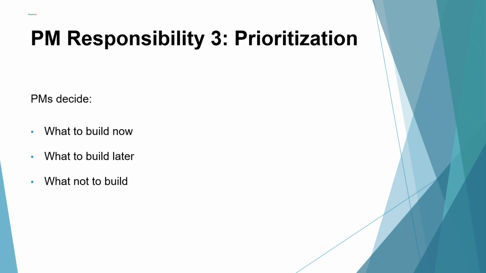Okay, so the third PM responsibility is prioritization. Prioritization is one of the hardest PM skills. Most times, PMs say no more than they say yes. Now, in this responsibility, the product manager decides what to build now, what to build later, and what not to build.